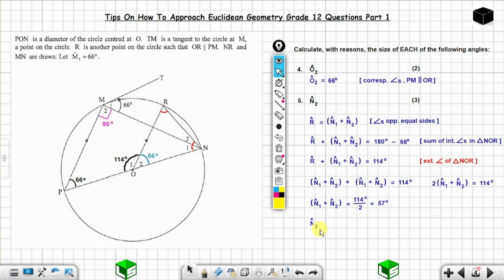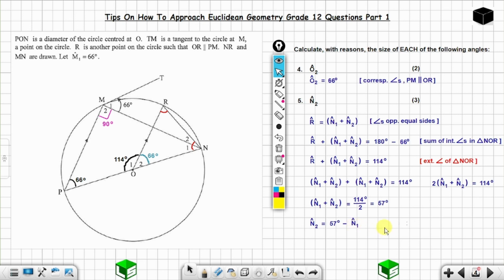Now N2 is equal to 57 minus N1. You take N1 to the right, now you have minus N1.